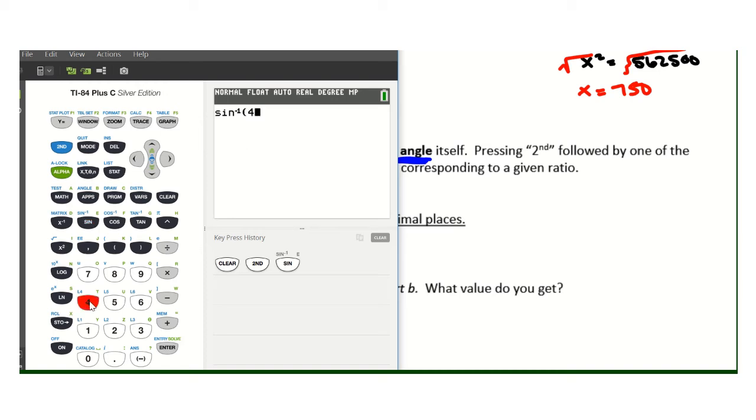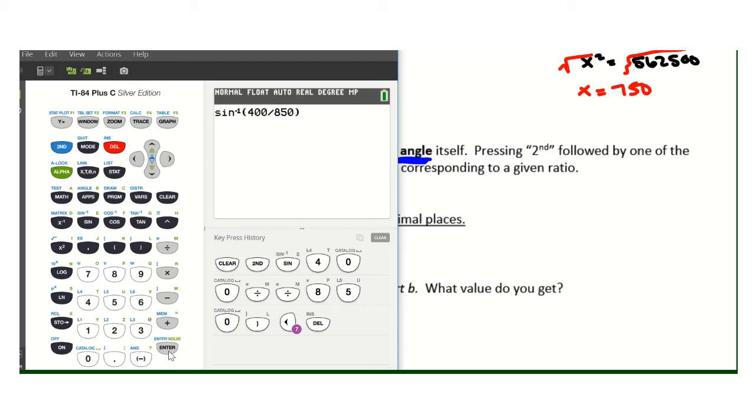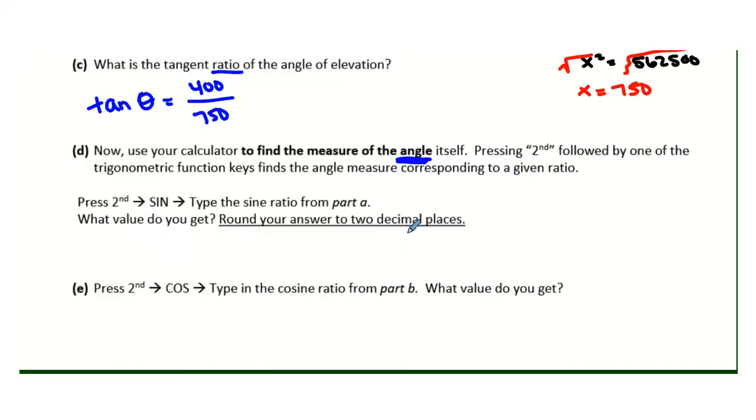So our ratio for sine was 400 divided by 850. When I hit enter, I'm going to get the angle. So I'm going to get something in degrees. And I get 28.07 degrees. They tell me to round to 2 decimal places.